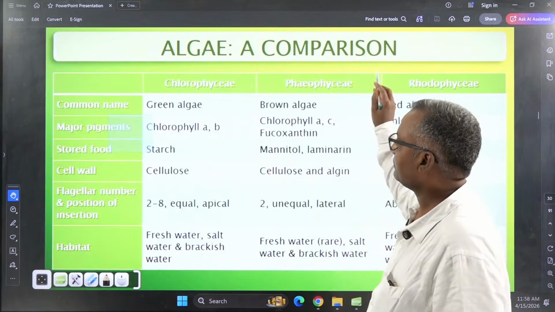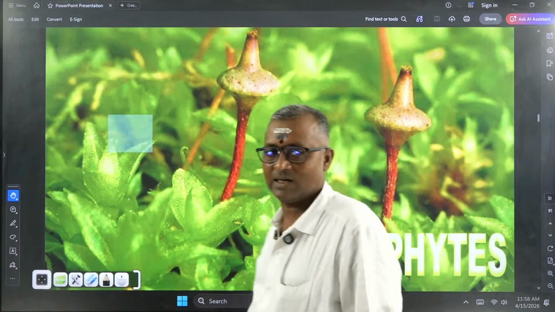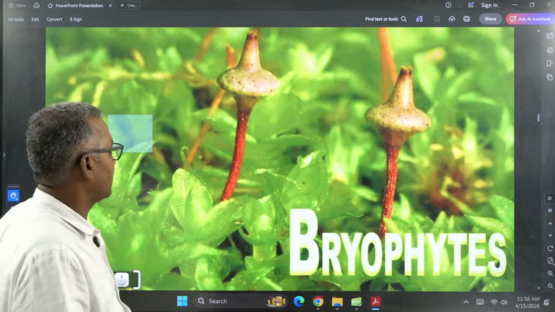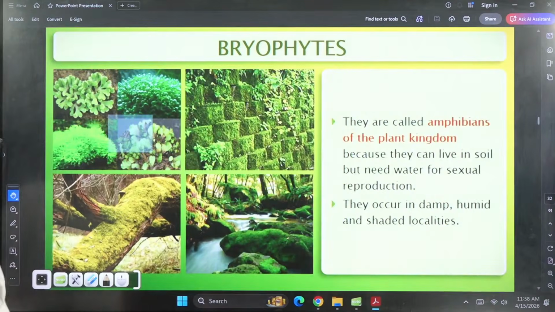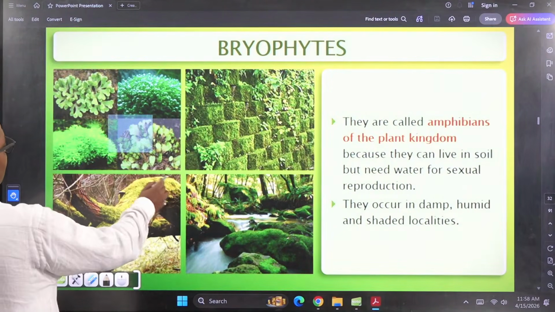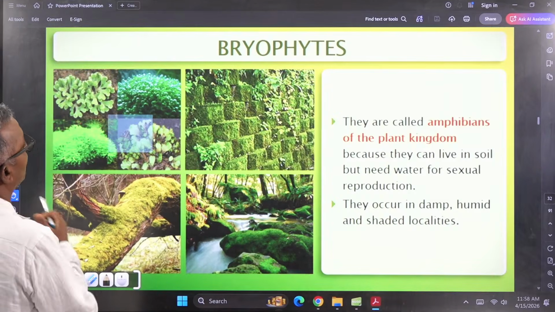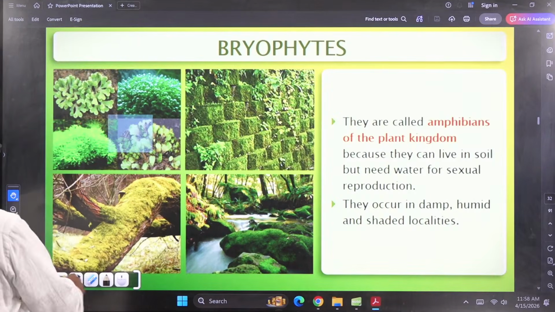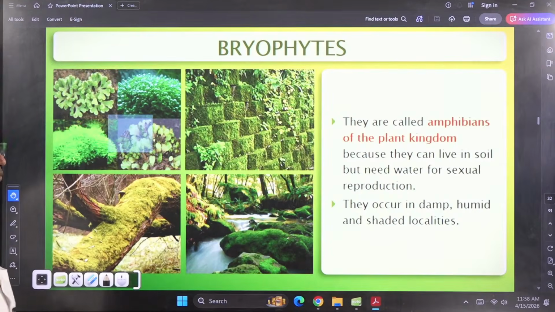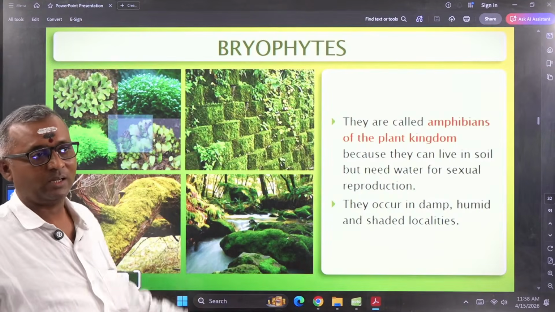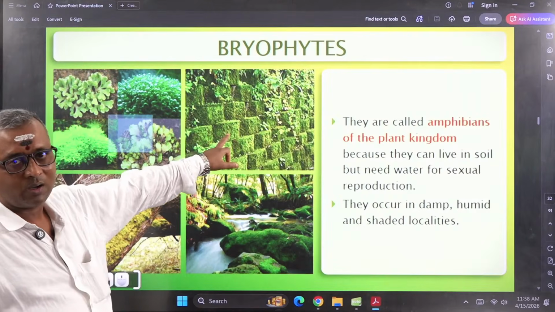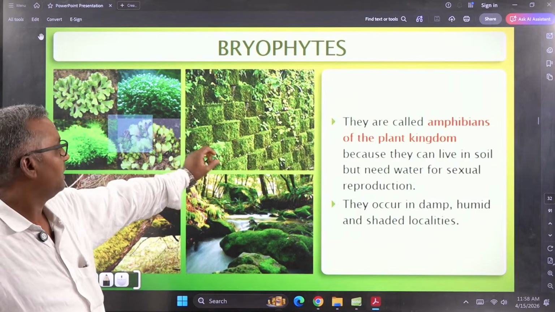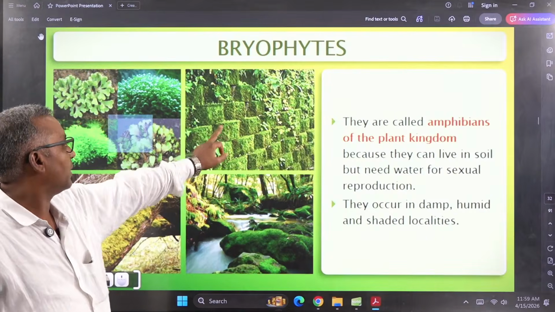Next, let us see about the bryophytes. I will show you some pictures related to the bryophytes also. Now look at here. Have you ever observed some small plants growing on moist soils or moist wood or moist rock like this? Now this is a moist rock, on the surface of it a small plant will be growing like this.